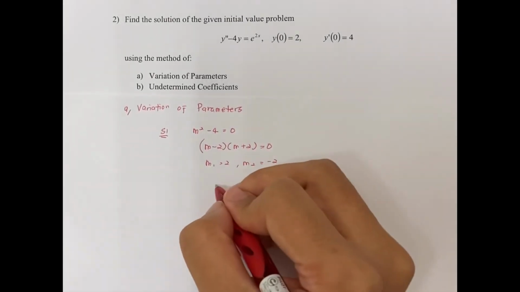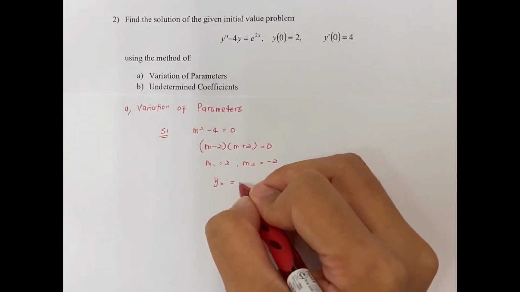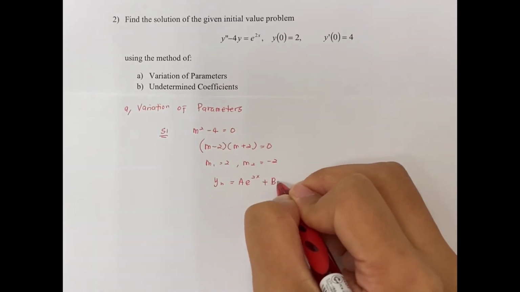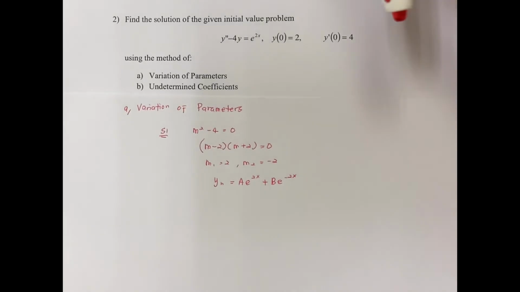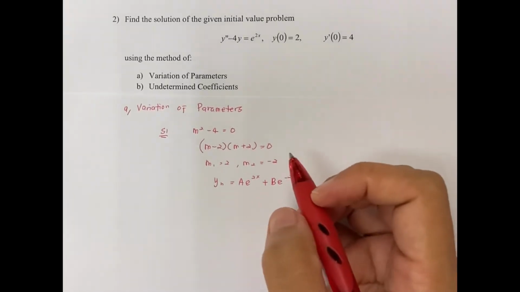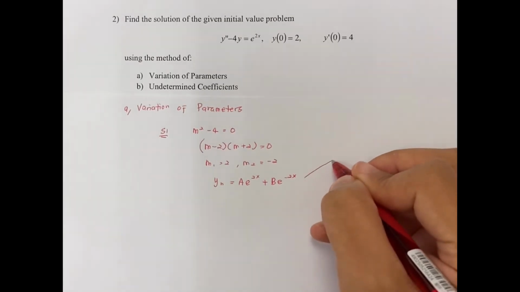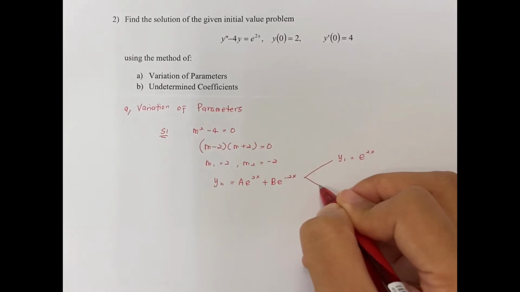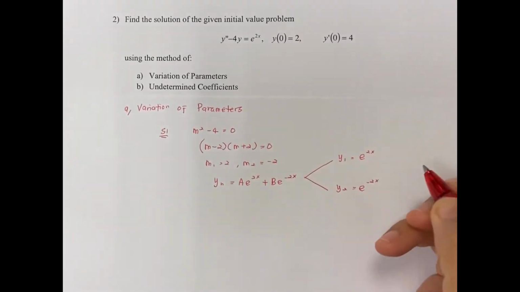Okay, yh is equal to a exponent 2x plus b exponent negative 2x. Okay, for variations of parameters, you need to find what is y1 and y2. So y1 here is equal to exponent 2x and y2 is equal to exponent minus 2x.